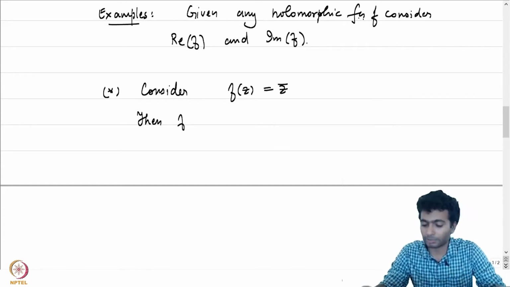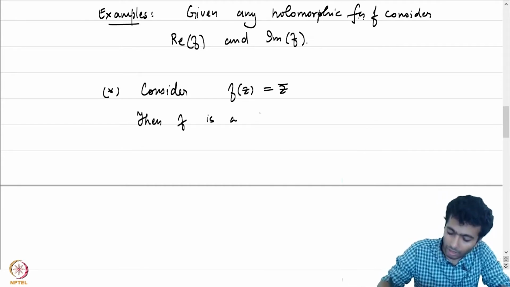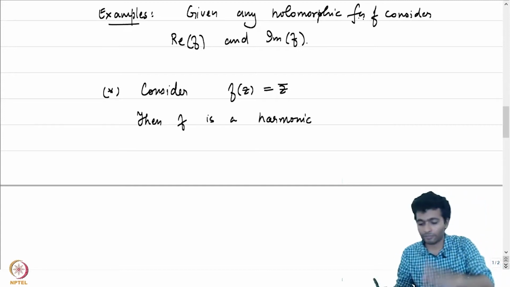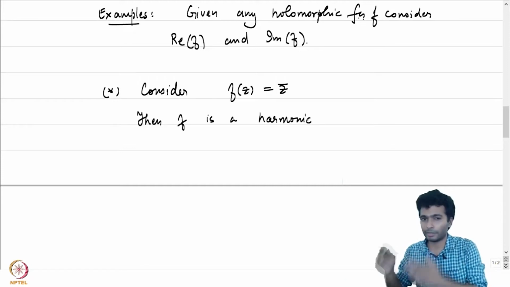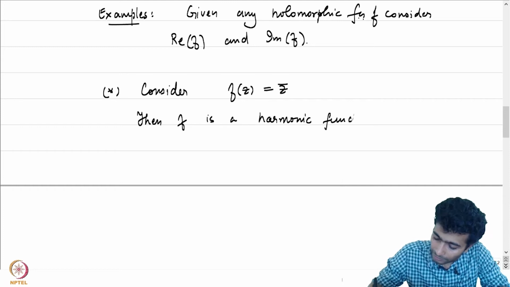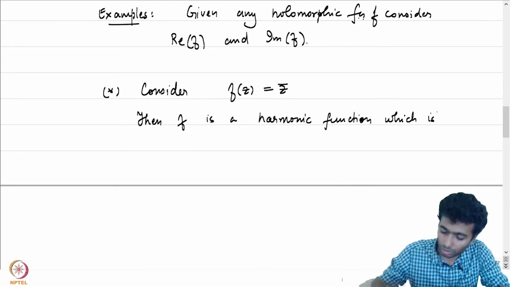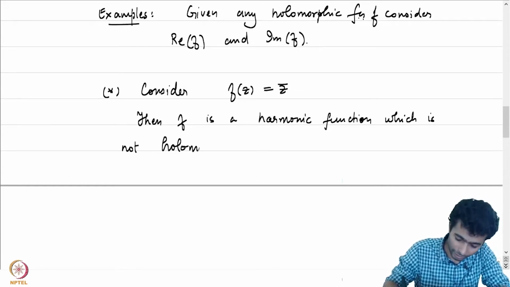So there are examples of harmonic functions which are not holomorphic. Notice that I have just called f harmonic; I just mean by this that the real part is harmonic and the imaginary part is harmonic. Then f is a harmonic function which is not holomorphic. So we are dealing with a bigger category of functions here.